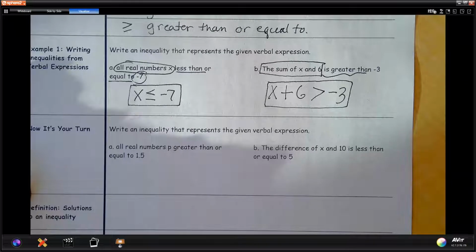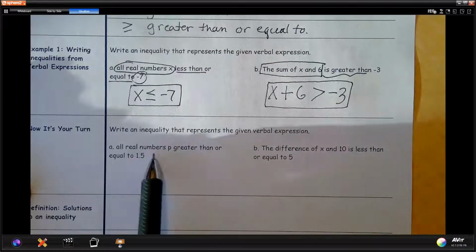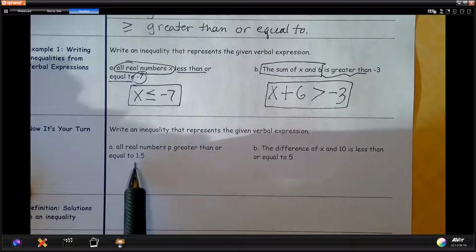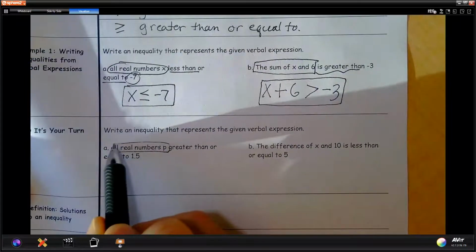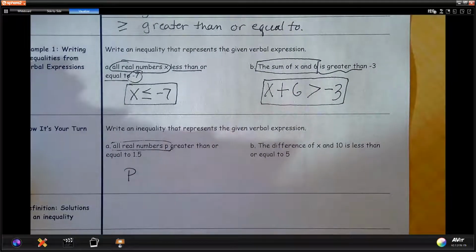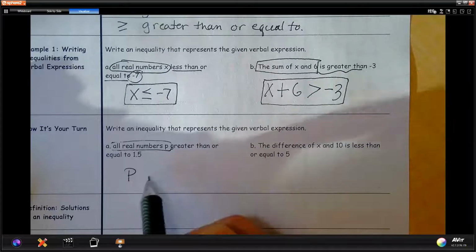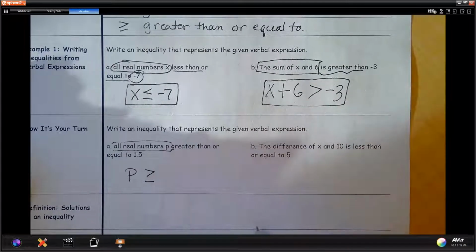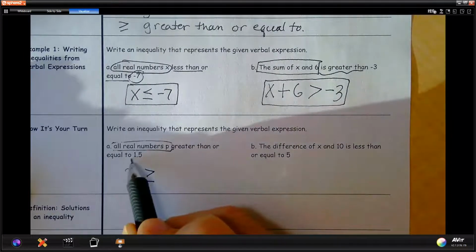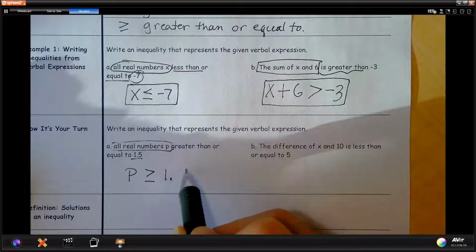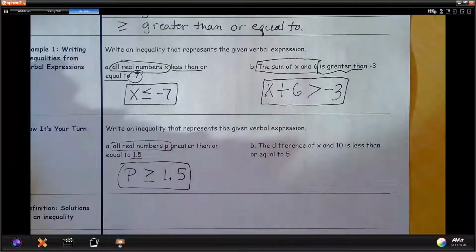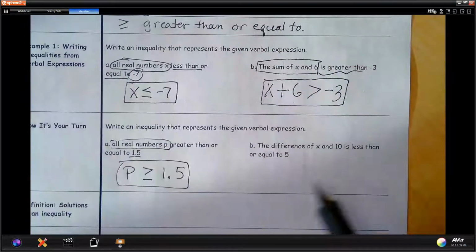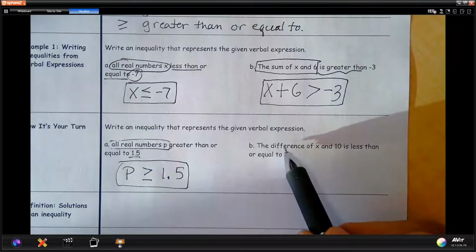Okay, hopefully you paused the video and you didn't just stare at the screen, but if you did, here are the answers. All real numbers p greater than or equal to 1.5 gets translated like this. All real numbers p is just p. Greater than or equal to looks like this. And what's that greater than or equal to? 1.5. Okay, the next one uses the word difference.